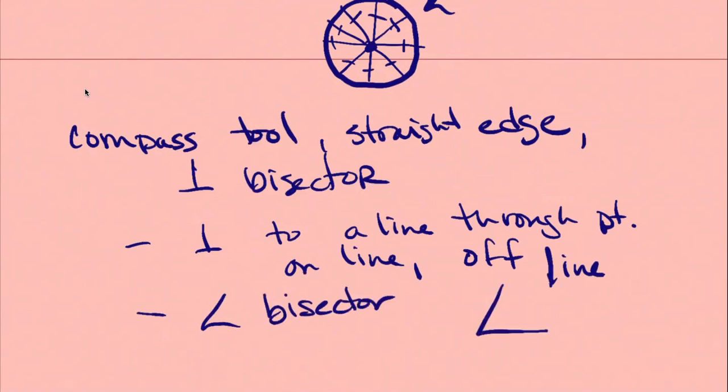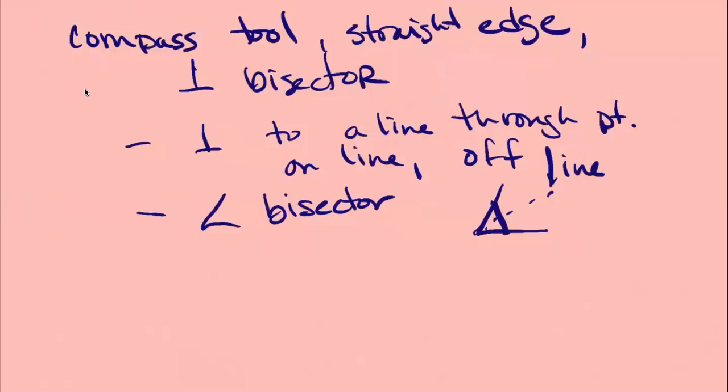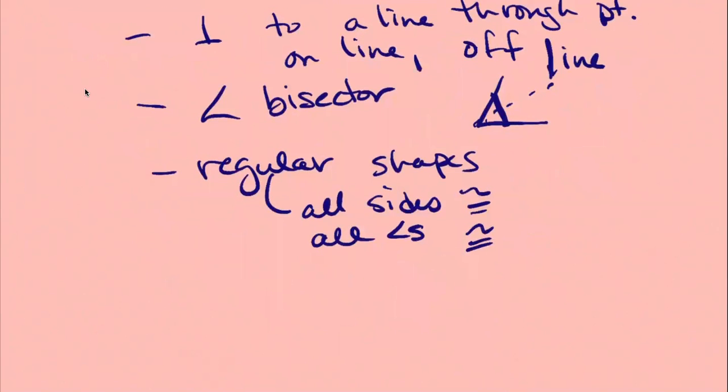When we had an angle, we basically set up a segment, and then when we bisected that segment, that was our angle bisector. We could use that idea of the perpendicular bisector and overlapping circles to make regular shapes like equilateral triangles and regular hexagons. So all sides congruent, all angles congruent. Those were some of the big ideas.